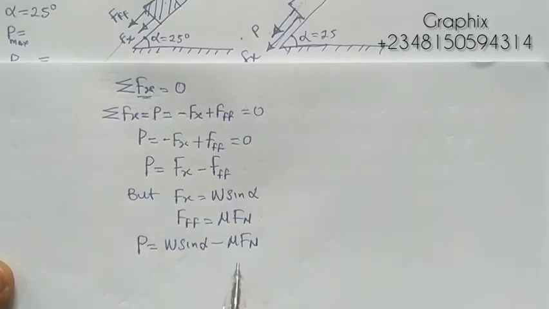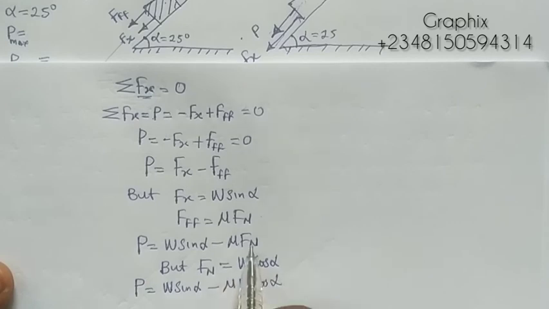From here, Fn, the normal force, is equal to W cos alpha. So input it here, our force P will give us W sine alpha minus mu W cos alpha. I'm replacing my Fn with W cos alpha.